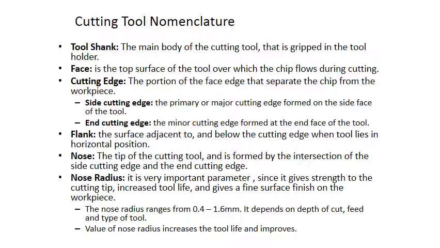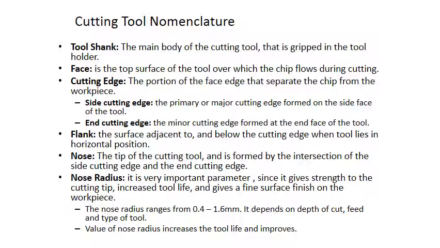Side cutting edge is the primary or major cutting edge on the side face of the tool. End cutting edge is a minor cutting edge formed at the end face of the tool. Flank, the surface adjacent to and below the cutting edge when the tool lies in a horizontal position. Nose is the tip of the cutting tool, formed by the intersection of the side cutting edge and end cutting edge.